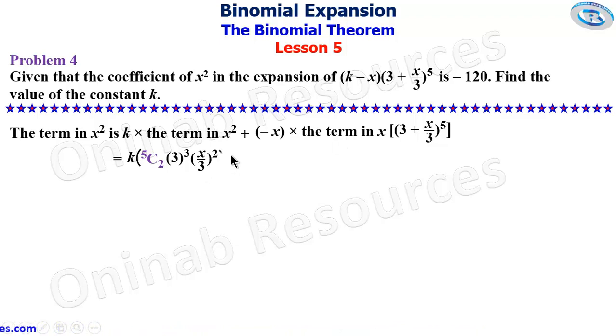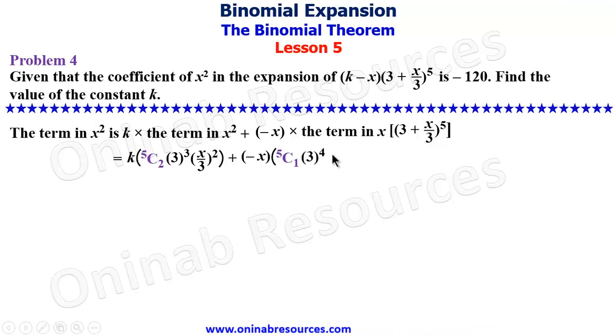So we have that part there, then plus negative x into the term in x, that's x raised to power 1. So we are going to have it as 5 combination 1, 3 raised to power 4, then x over 3 raised to power 1.